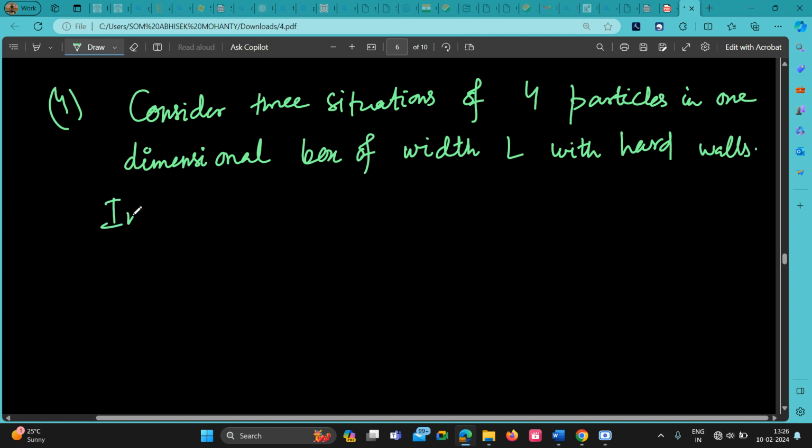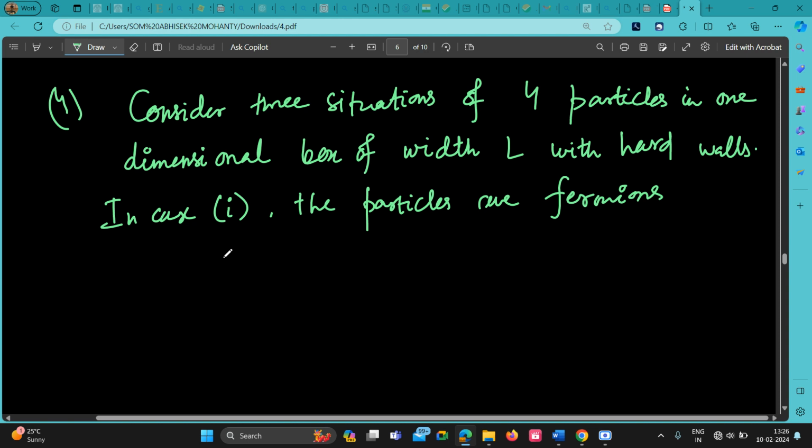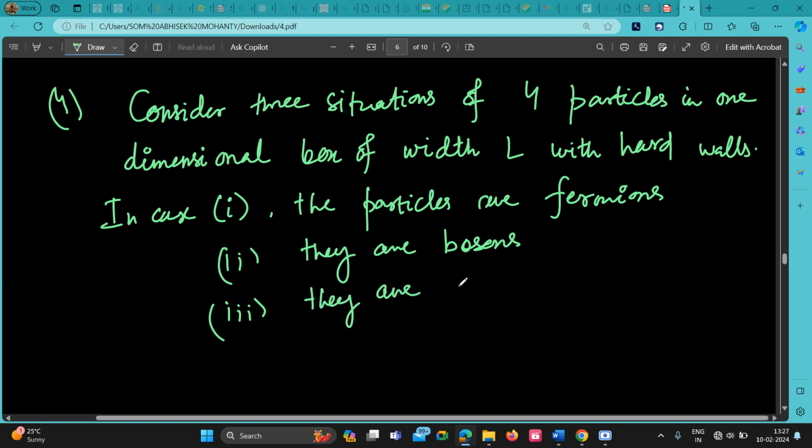In case 1, the particles are fermions. Case 2, they are bosons. Case 3, they are classical.